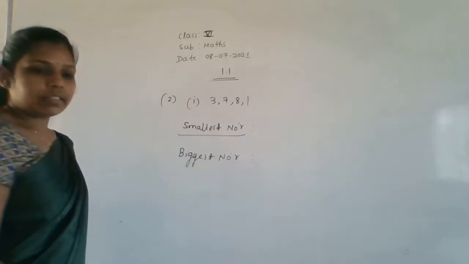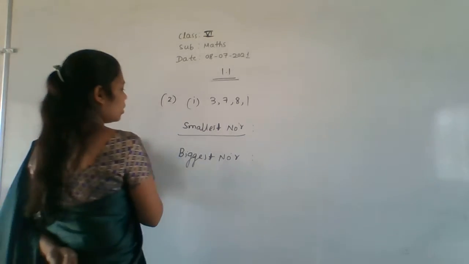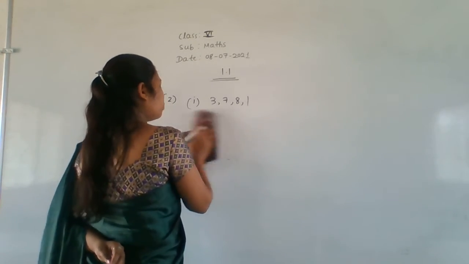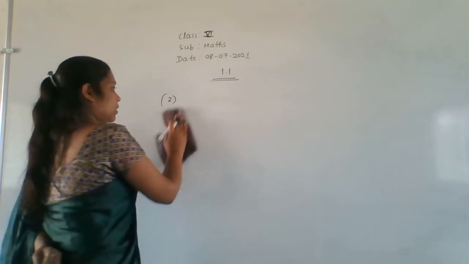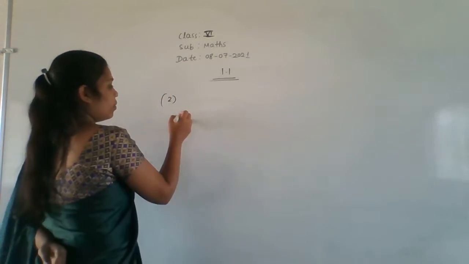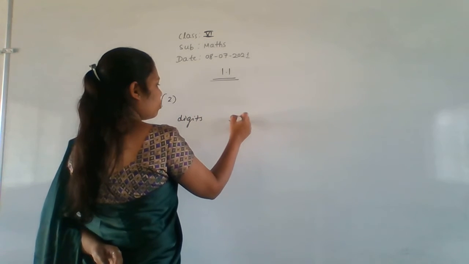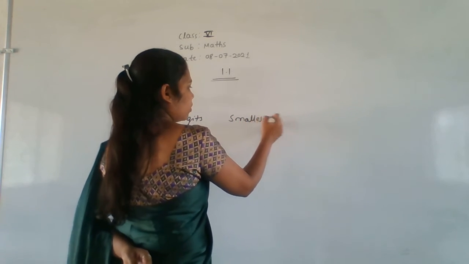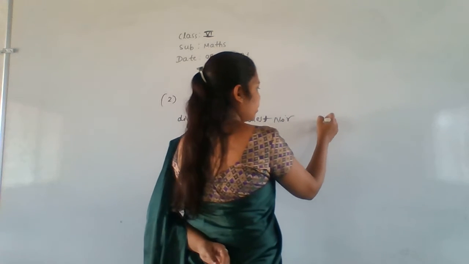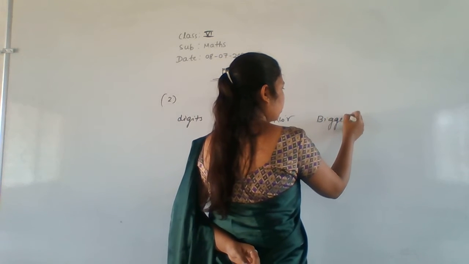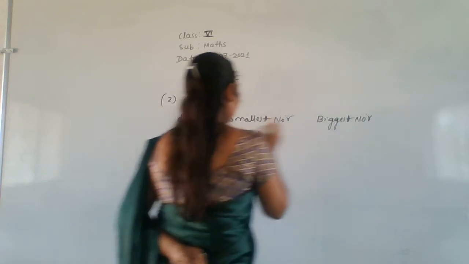Otherwise, make a column. Better, otherwise, for every problem you have to write smallest and biggest like that. So here digits, here smallest number, and here biggest.